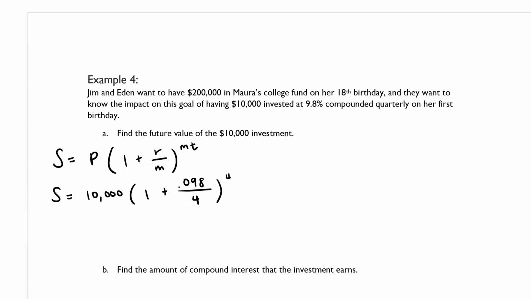And then the M value again in the exponent is 4. And since the ending value would be her 18th birthday and the starting value is on her first birthday, that means that the number of years that pass is 17. So our T value is going to be 17.